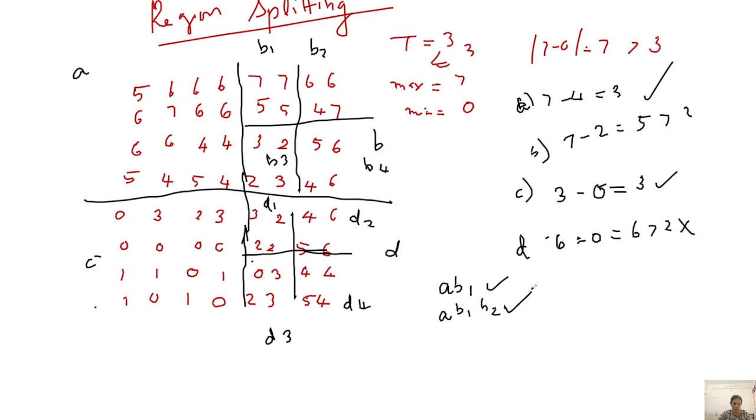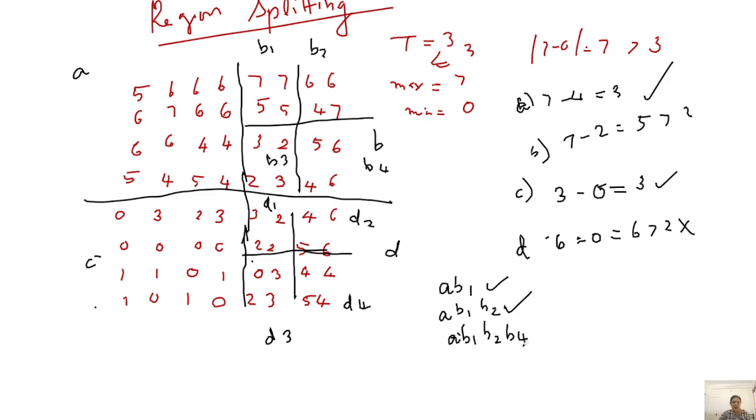Next, A, B1, B4. In A, B1, B4, the maximum pixel is 7 and the minimum pixel is 4. This is also satisfying, right? 7 minus 4 is 3, so I can merge A, B1, B2, B4.